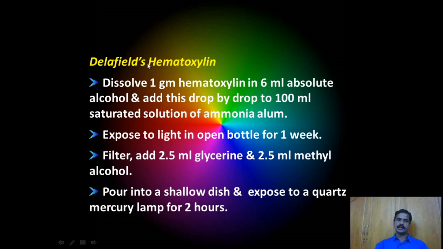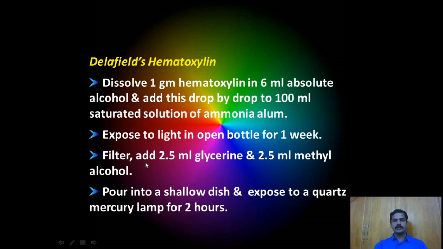Second hematoxylin preparation is Delafield's hematoxylin, and dissolve 1 gram hematoxylin in 6 ml of absolute alcohol and add this drop by drop to 100 ml saturated solution of ammonia alum. Then expose this preparation to light in an open bottle for 1 week.